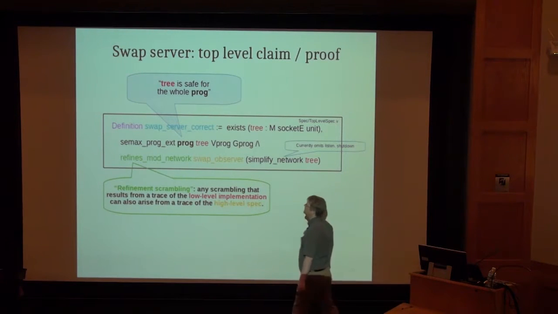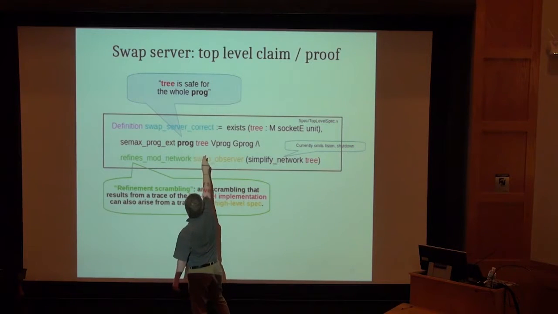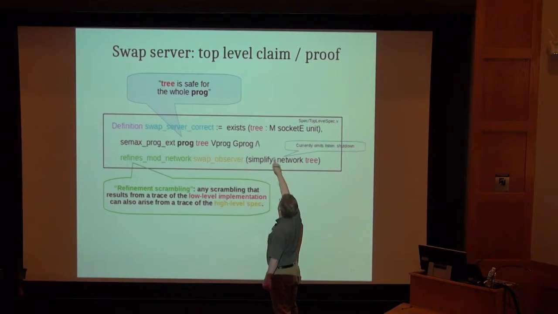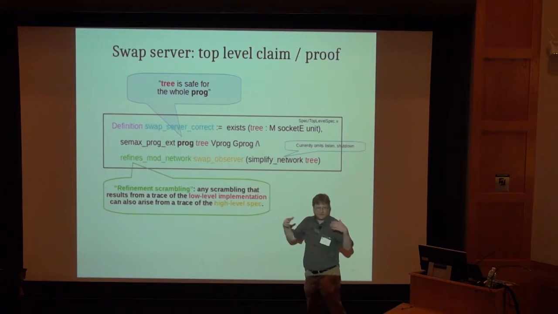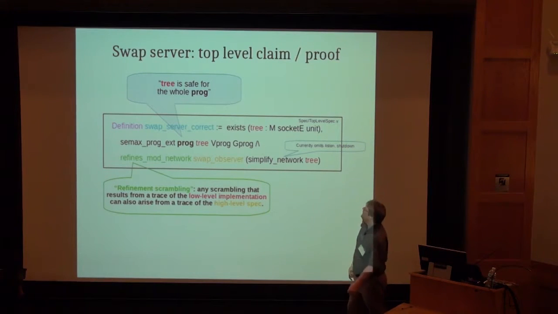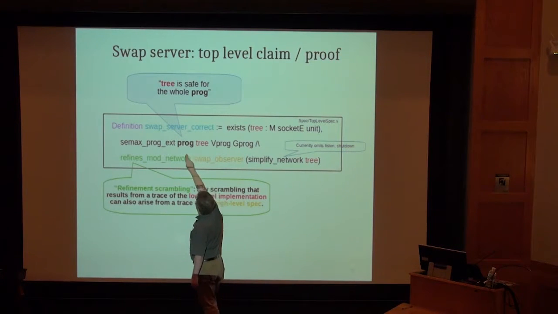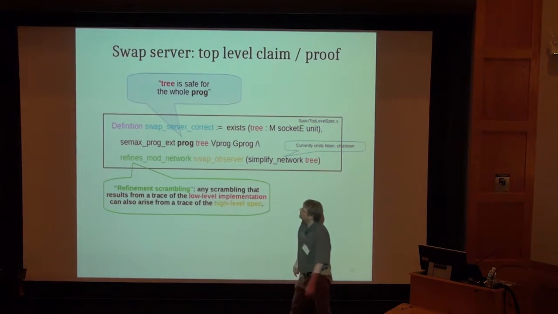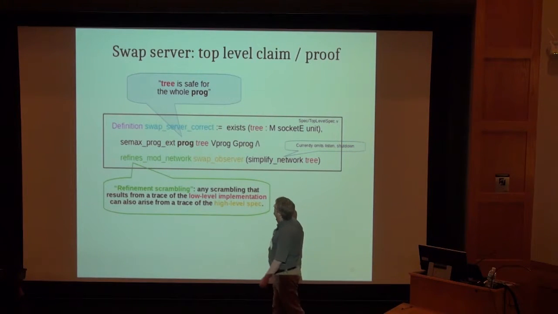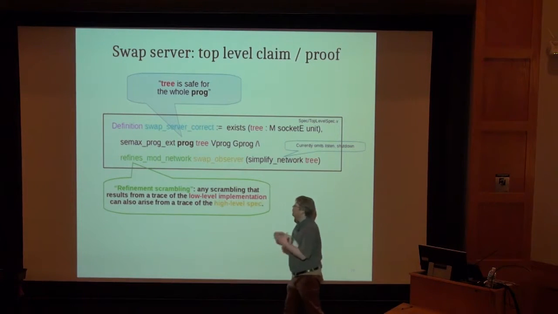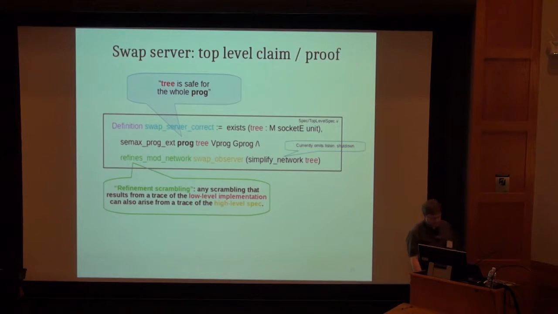in his talk. So we make a definition that our swap server is overall correct if there exists an interaction tree of this more C-like, slightly more lower level kind, called red tree there, which A specifies the behavior of the C program, and that's what the first conjunct says, and it should also be a refinement of the more abstract swap server that specifies the network visible interaction between the program and its environment.